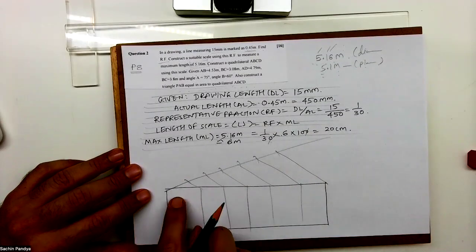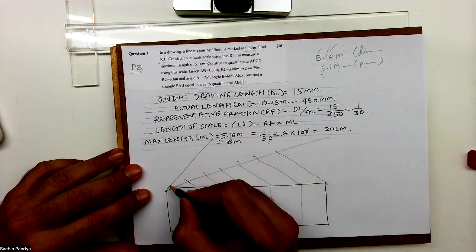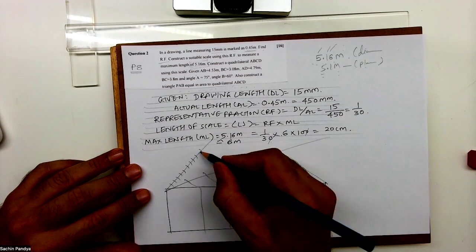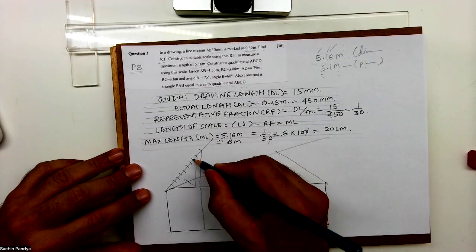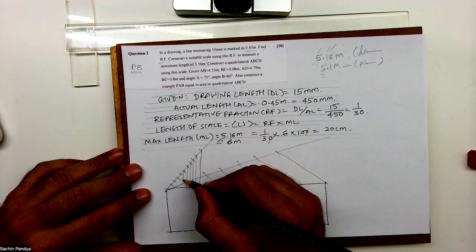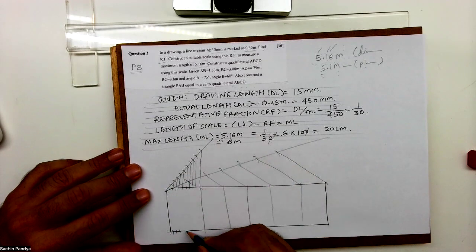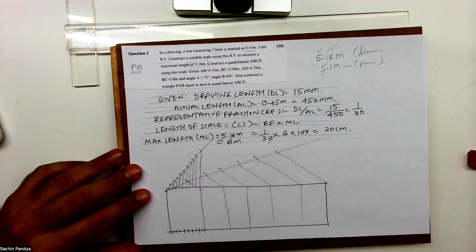And we'll divide the first block into 10 parts. One, two, three, four, five, six, 7, 8, 9, 10. Then 0, 1, 2, 3, 4, 5.